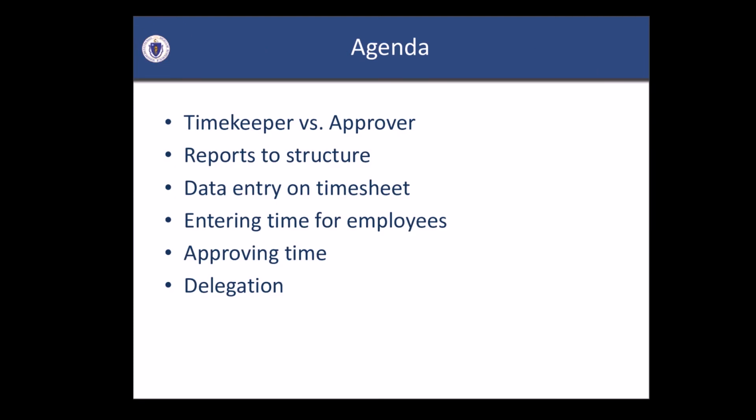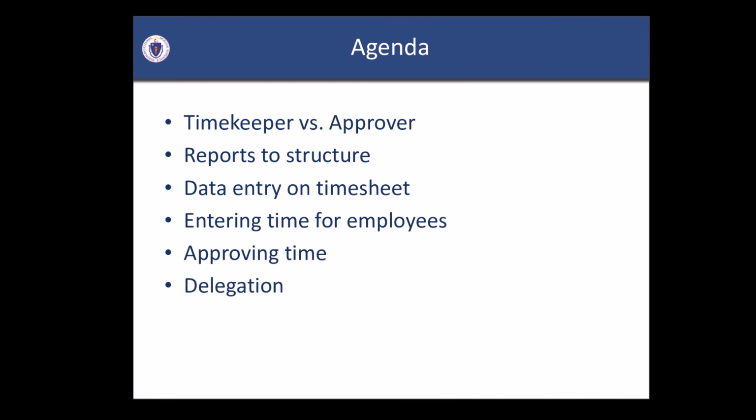Okay. So over the course of the next 40 minutes or so, we're going to talk through the difference between a timekeeper versus a time approver. We'll talk through the reports to structure because that's very important to understand, so you understand who's in your chain of command, who you can enter time for, who you can approve time for.